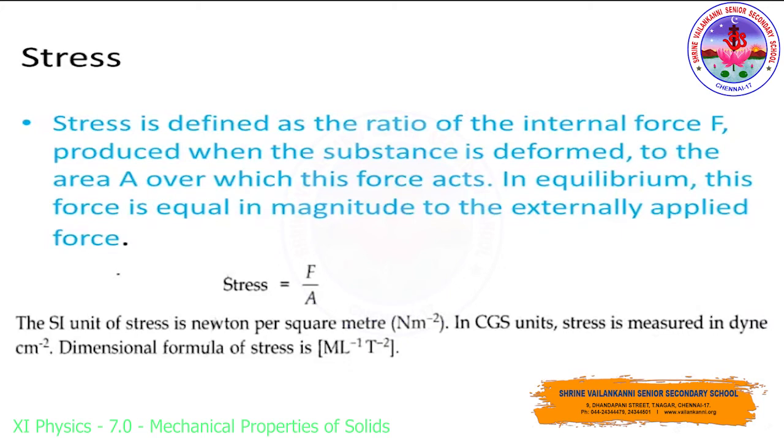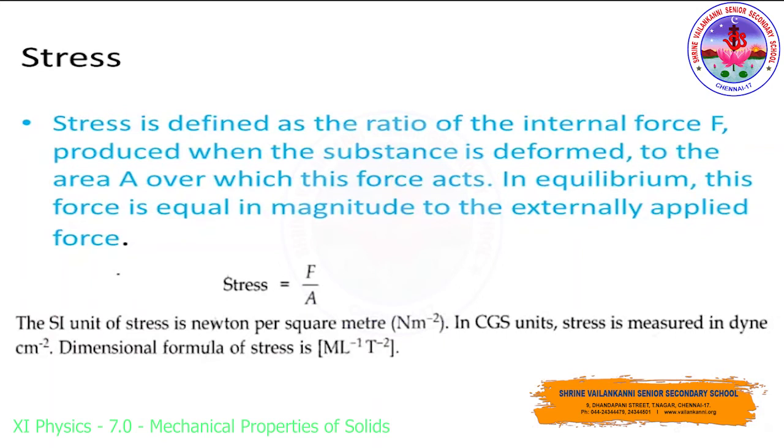Stress is equal to F by A. The SI unit of stress is Newton per meter square, and the CGS unit is Dyne per centimeter square. The dimensional formula of stress is M L power minus 1 T power minus 2. Have you all got what is stress?